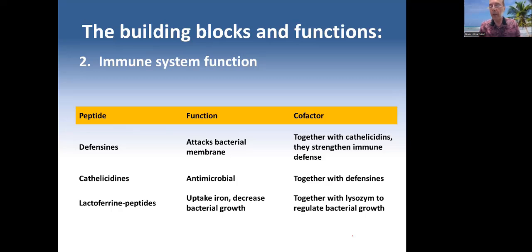They can attack bacteria, they can have an antimicrobial effect, and take up iron, because the lactoferrin picks up the iron from the food, which helps to build blood, the red blood cells, hemoglobin, and it is also effective in the immune system. So peptides will already function, even in that short peptide chain, as a specific target.